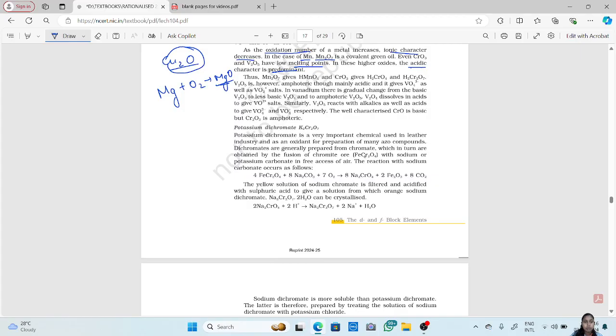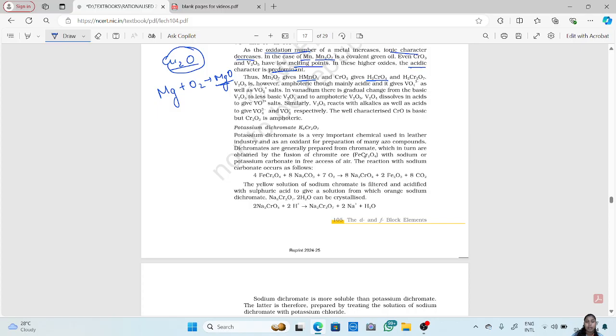Thus Mn2O7 gives HMnO4, and CrO3 gives H2CrO4 and H2Cr2O7. Because of their higher oxidation state, these molecules form these compounds.